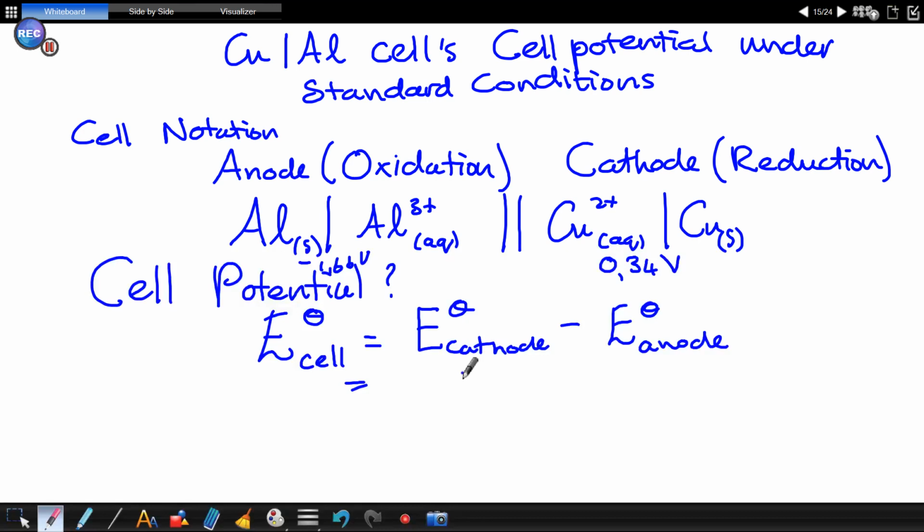So it is 0.34 minus minus 1.66. What is the value there? 2. So under standard conditions, the copper aluminium voltaic cell, or galvanic cell, will give you 2 volts.